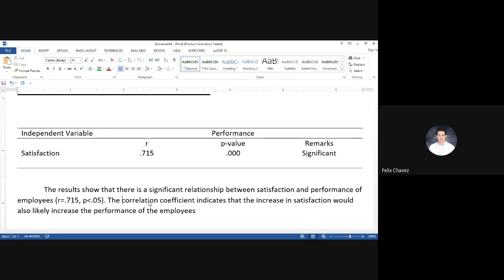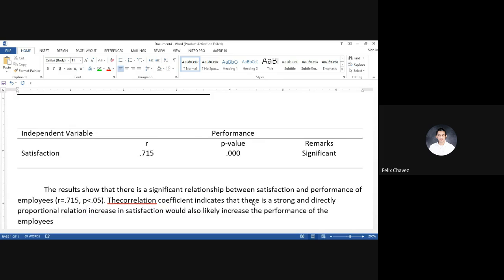Or pwede ganito, the correlation coefficient indicates that there is a strong and directly proportional relationship between the variables.